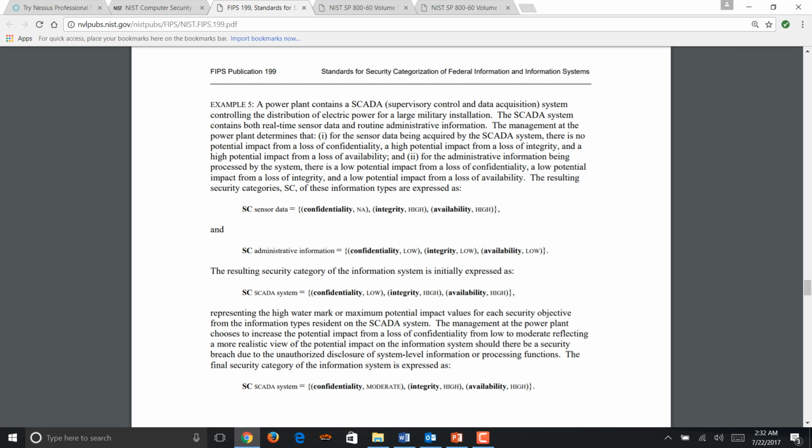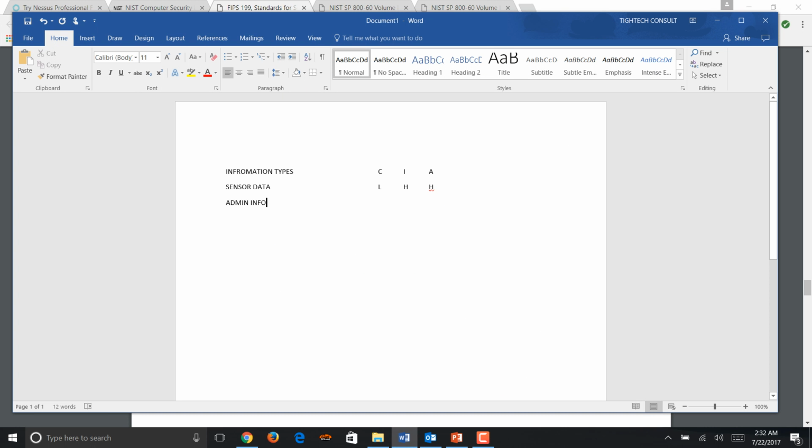That is, confidentiality is low, integrity is low, availability is low. So let's put this in this format as well. Under confidentiality, for loss of confidentiality, it is low. Loss of integrity, it is low. Loss of availability, it is low. So please remember this.